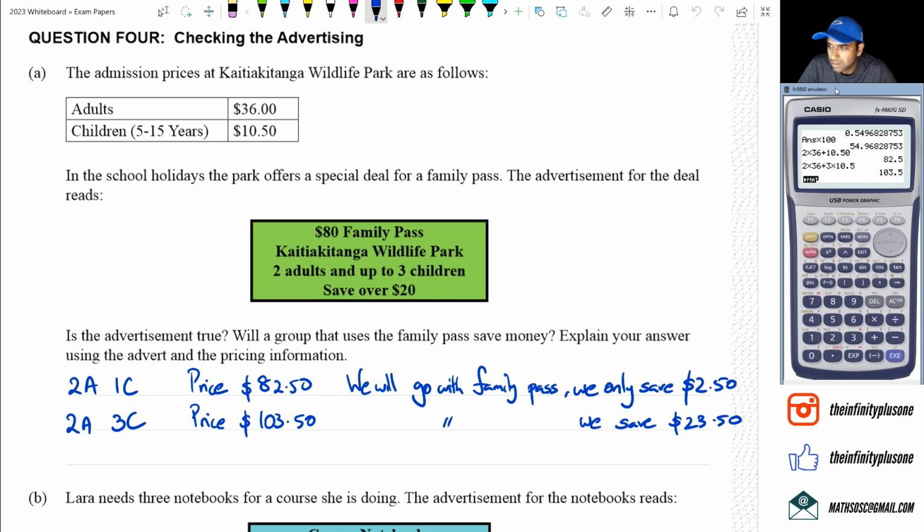The last situation we could look at is what happens if only one adult goes, with 3 children. I think they're going to run at a loss, because you have one adult, which is 36, and then 3 kids, which is 3 times $10.50. Altogether that is only $67.50. So I wouldn't go with a family pass if it's just one adult, since they won't save any money.